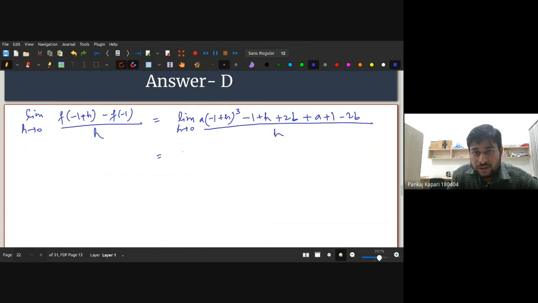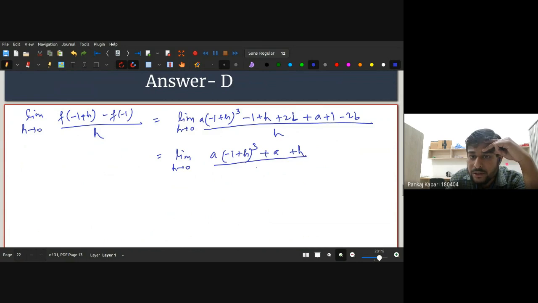If you expand, or you don't actually need to expand this, this 2b will cancel, and 1 will also cancel with minus 1. So what will be left? We're left with a times minus 1 plus h cubed, plus a, plus h, divided by h.